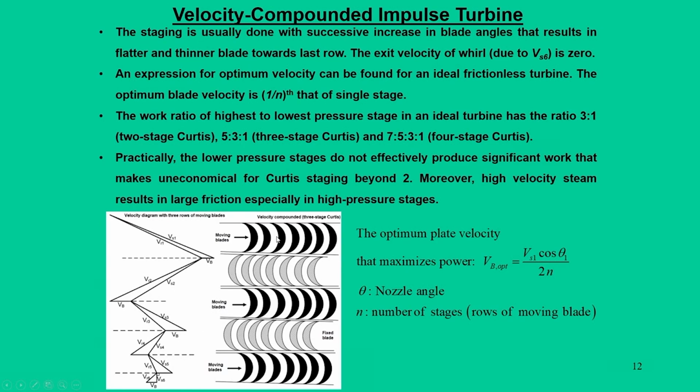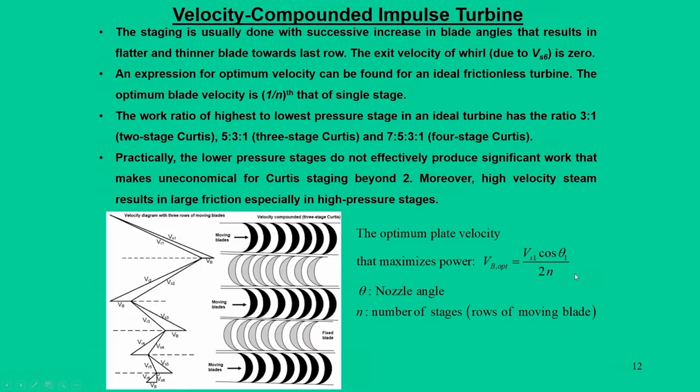So, to think about some kind of a realistic mode, basically speaking, we are using n stages to extract the power. Ideally speaking, one can think of n number of stages, and if there is just one stage, then the optimum velocity that gives maximum power would be Vs1 cos theta by 2, that you have already derived.